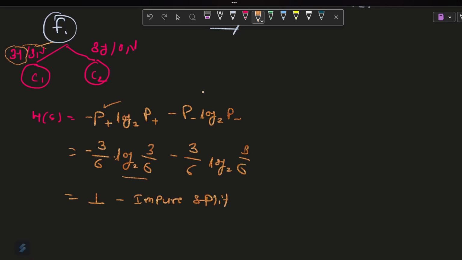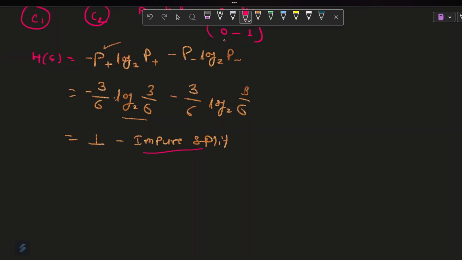Purity and impurity are always between 0 and 1. So if we get a 1, it means it is an impure state, right?